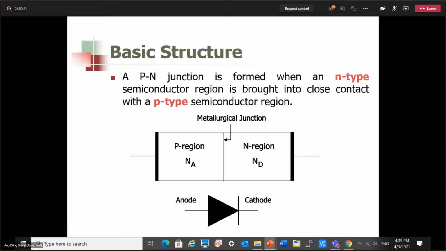Okay, so let me just describe the basic structure of a PN junction. Essentially, a PN junction is formed when an N-type semiconductor region is brought into close contact with a P-type semiconductor region. Now, this statement itself can be misleading, in the sense that you might think that if I physically bring a P and an N semiconductor together, I get a PN junction.